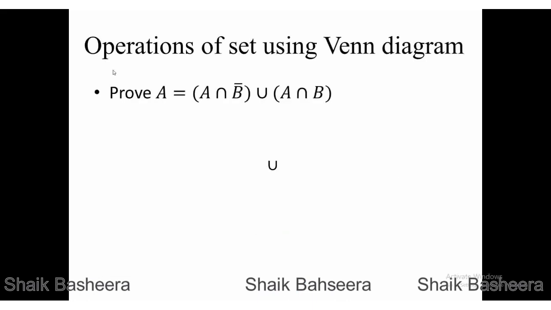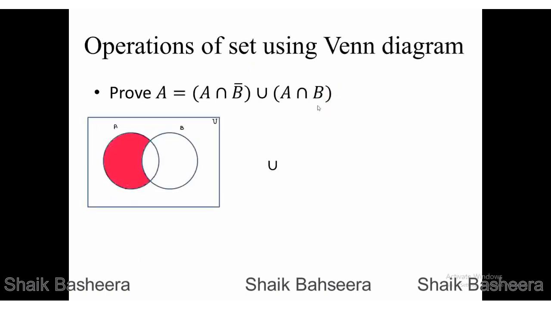Now we go for another operation. We are going to prove that A can be represented as A intersection B bar union A intersection B. Here we have A intersection B bar.